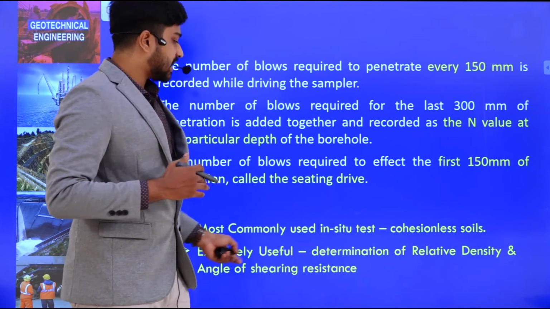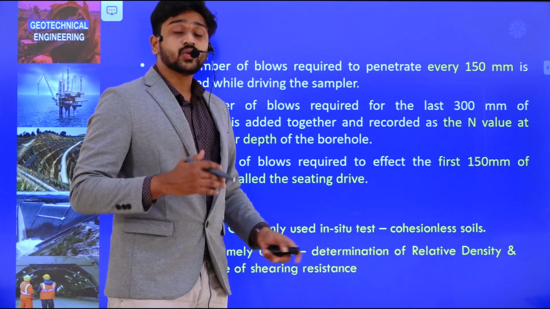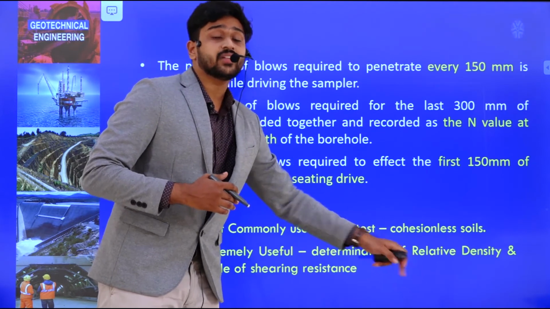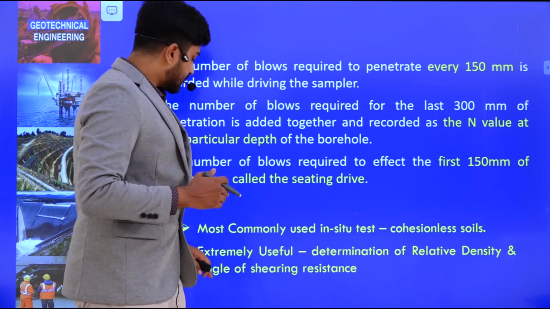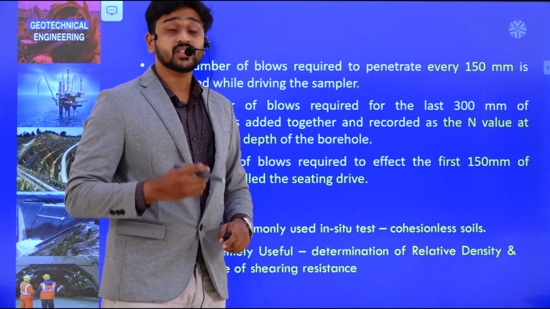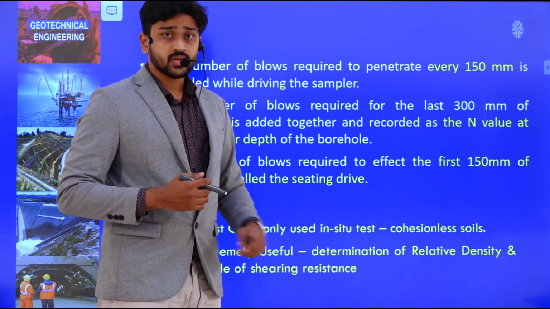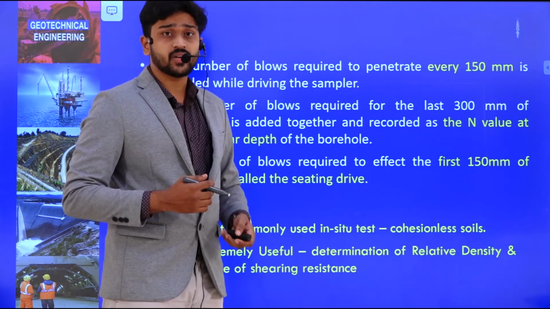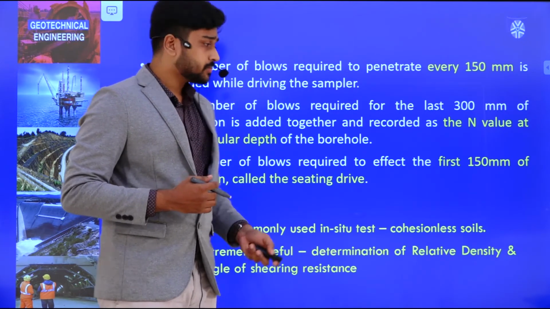And finally, this is extremely useful, and it is used for the determination of the relative density of a soil as well as the angle of shearing resistance, because we require the angle of shearing resistance to find out the shear stress. So this test will be very much helpful to find out this value. Clear?